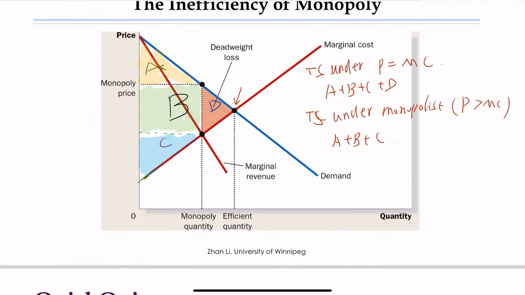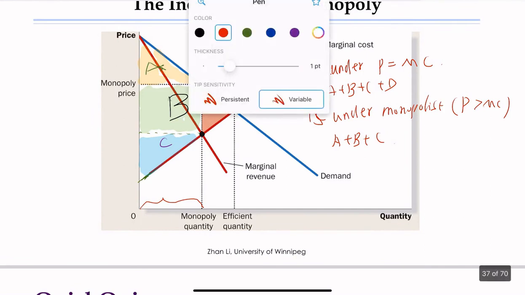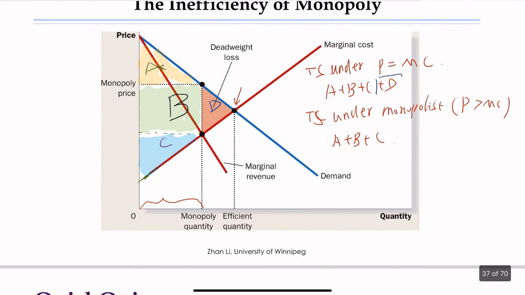Remember, total surplus is always the area between the demand curve and supply curve. And because the quantity is given by the monopoly quantity, the area is given by A plus B plus C. So you can see that now the only difference is this triangle D. So that's why D here is the deadweight loss.